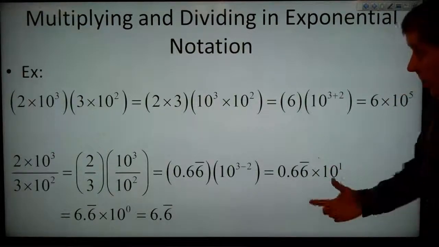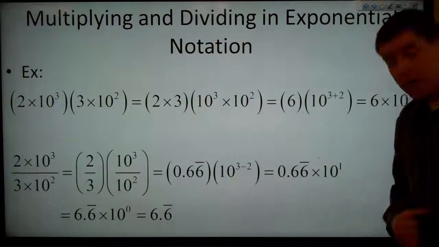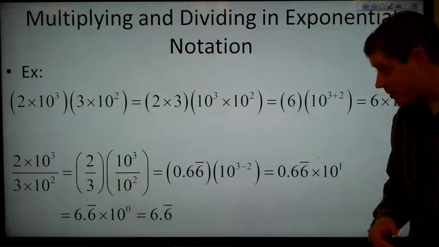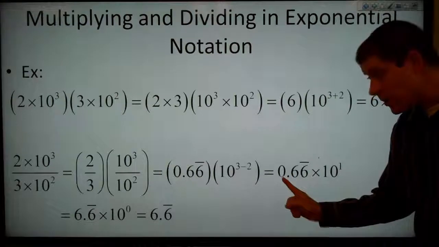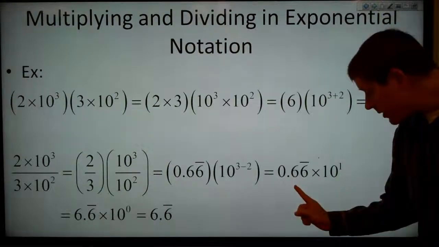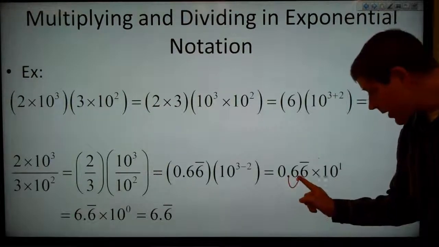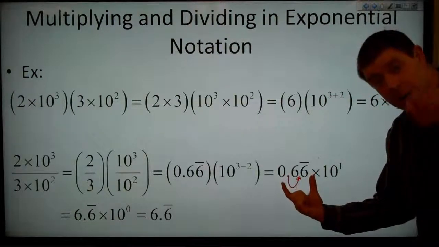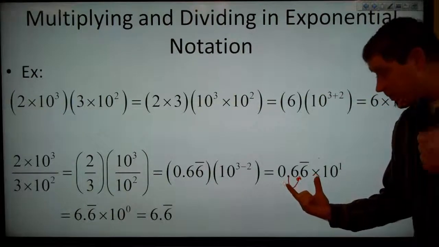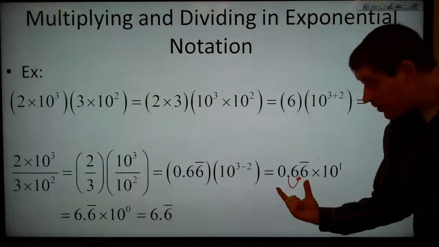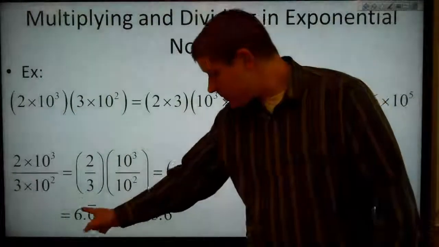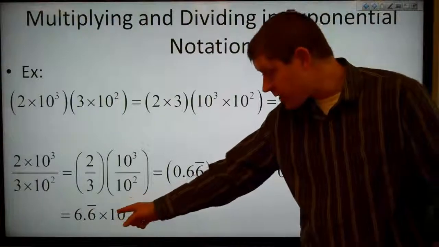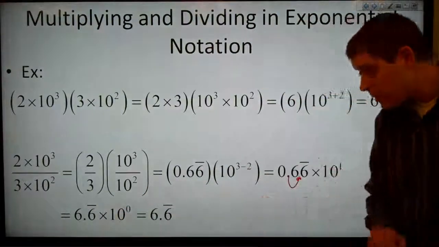But then we have to write our answer here in proper scientific notation because we can't start with a 0. So we need to move the decimal point one place to the right, which makes the coefficient bigger. That means we need to make the exponential term smaller. So that gives us 6.6 times 10 to the 0.